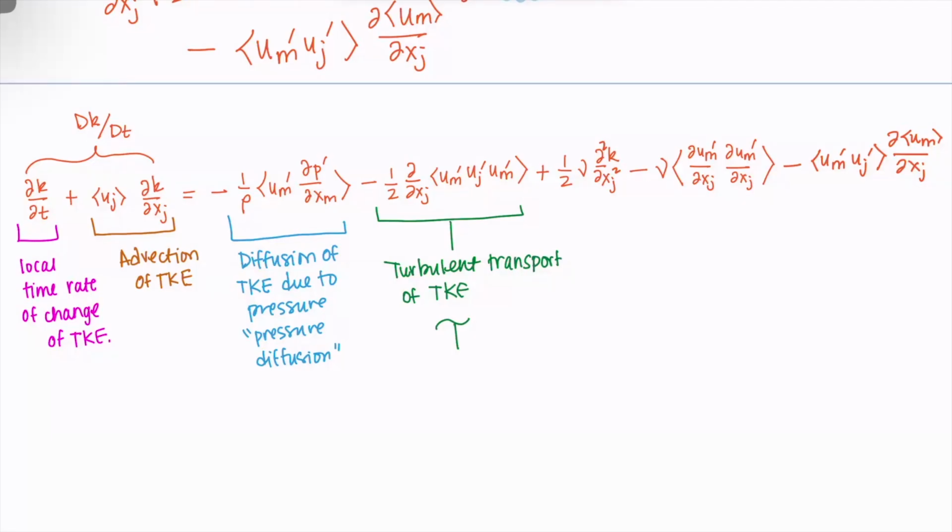This, let me find another color. I need lots of colors for this one. This term, we have viscosity in here and then the Laplacian of the TKE. So this one is called the molecular viscous transport of TKE.